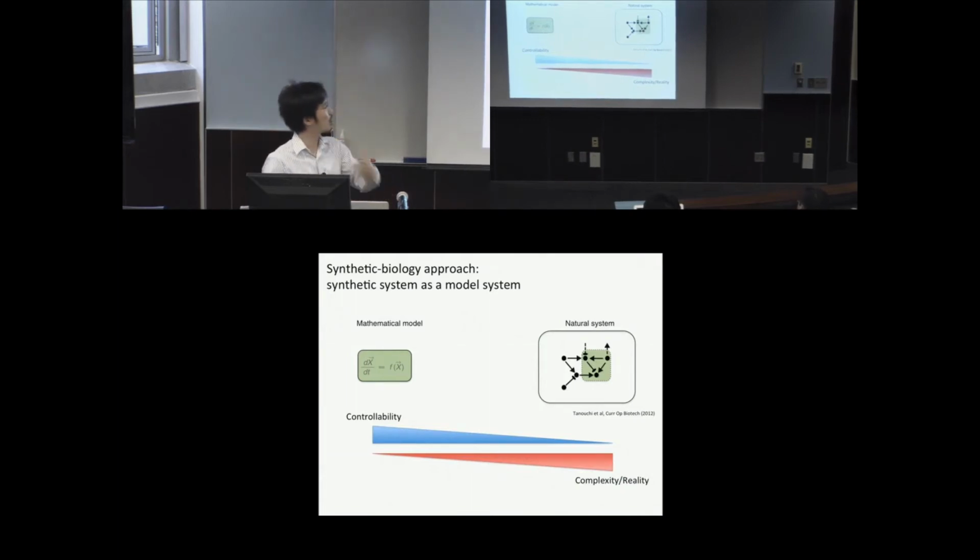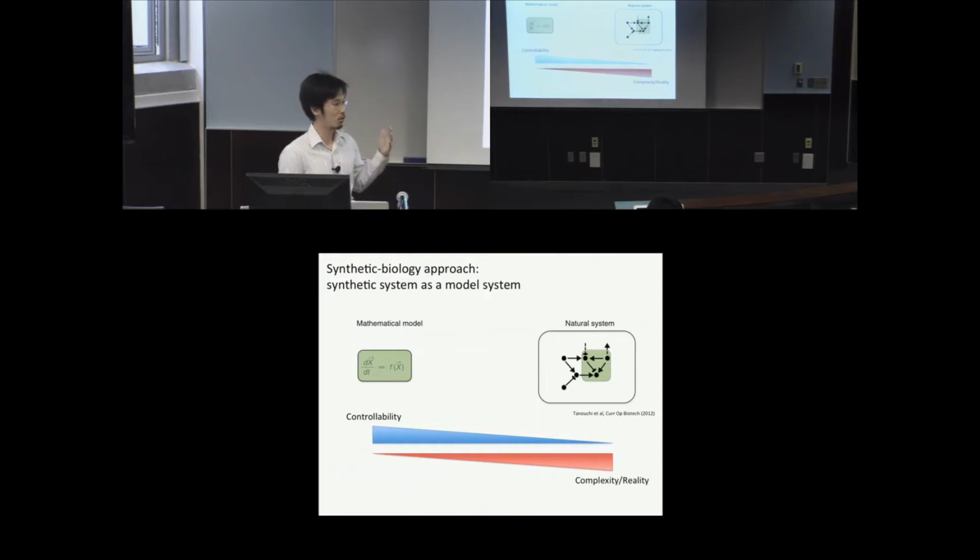When you usually study some natural phenomenon, you may take a mathematical approach. You build a mathematical model to describe the system, and then you can do different things. But I'm putting two scales here: one is controllability, and the other is complexity or reality. A mathematical model is what you build and run on a computer, so you have pretty much full controllability.